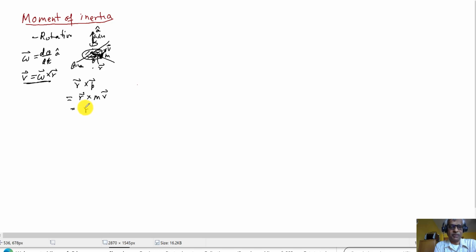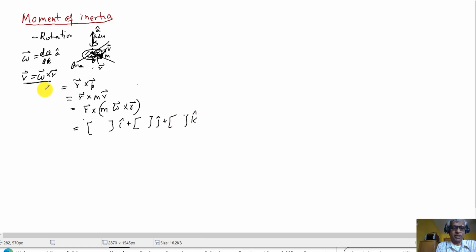So this is r cross m omega cross r, and when you expand this, you can collect terms: something along i hat plus something along j hat plus something along k hat. You can write it like that, and so this is a new vector, and we call it the angular momentum vector.